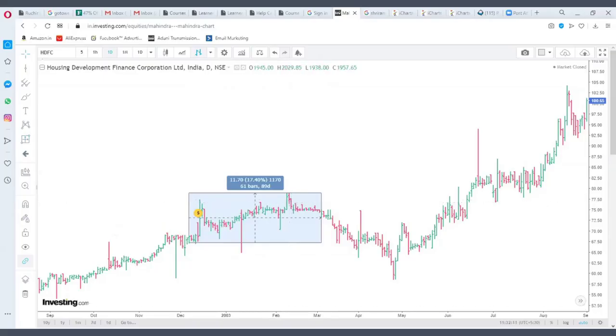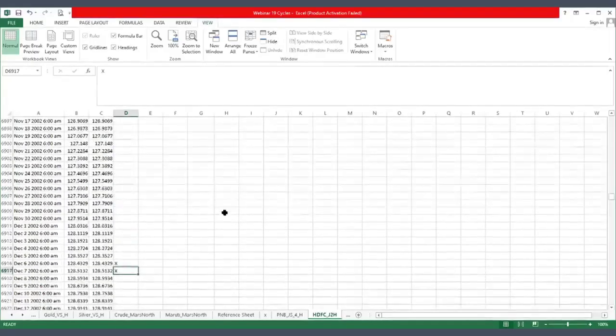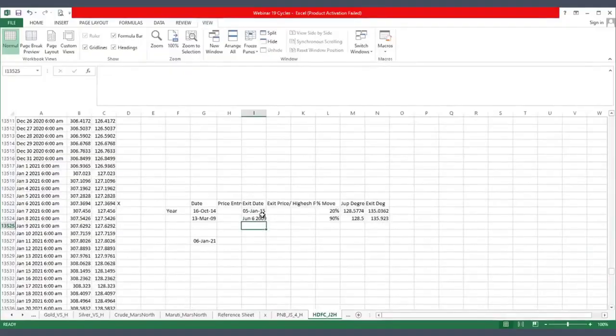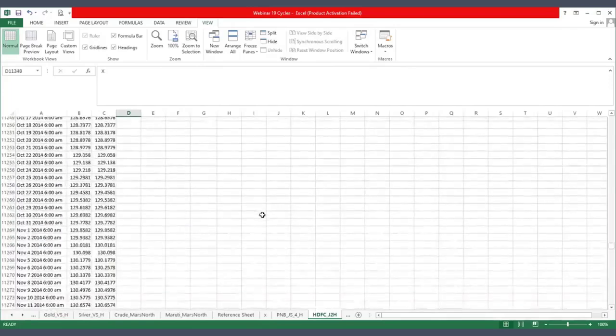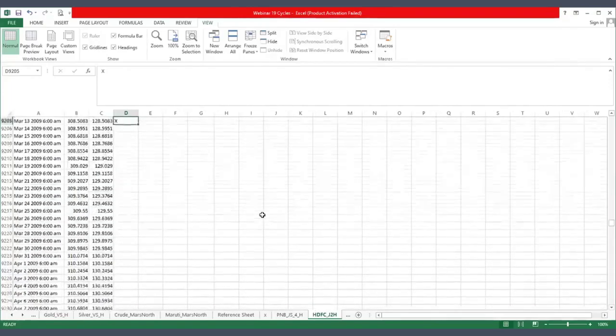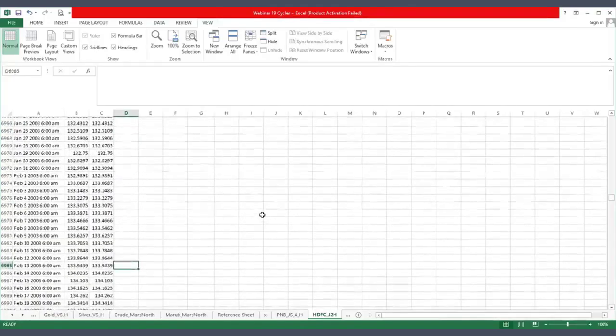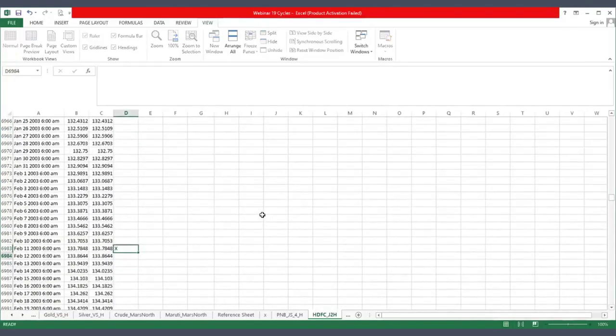What was the exact degree? We will move to our Excel. 11th of February, we will check. So it is 133 degrees.